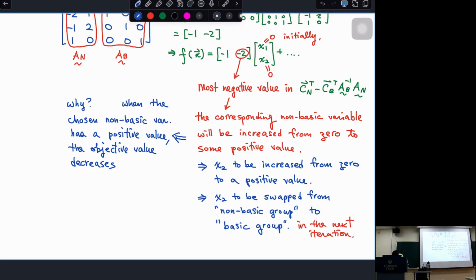Because of its most negative coefficient. Okay? So this is the concept.